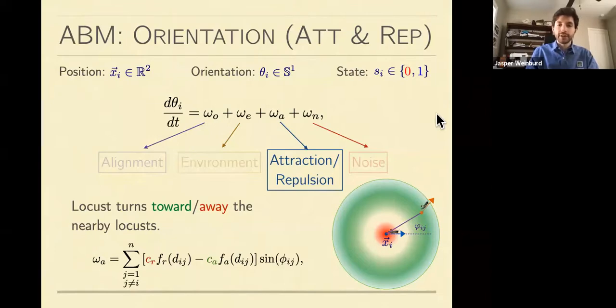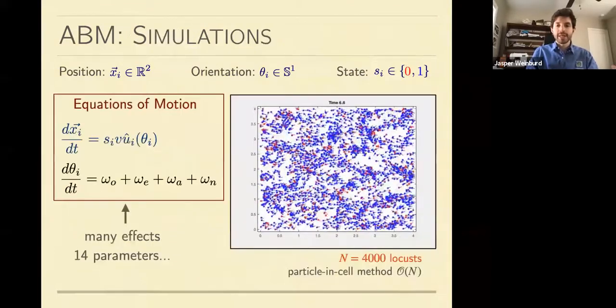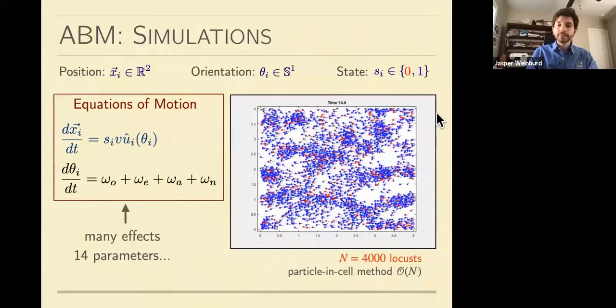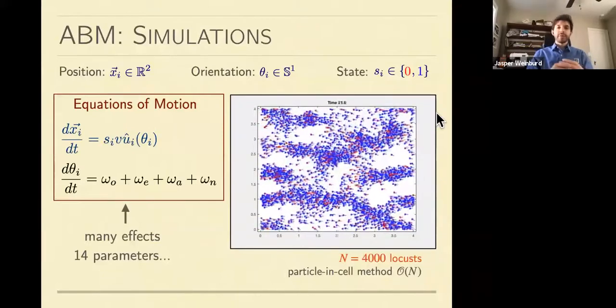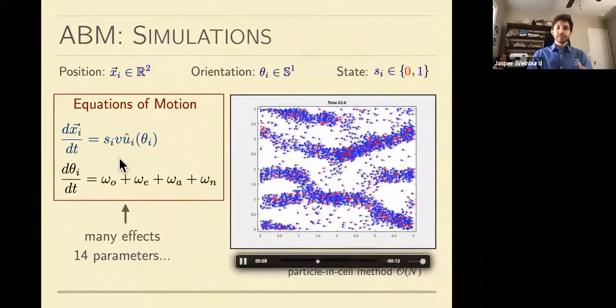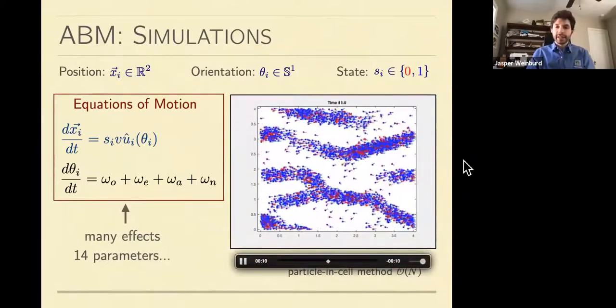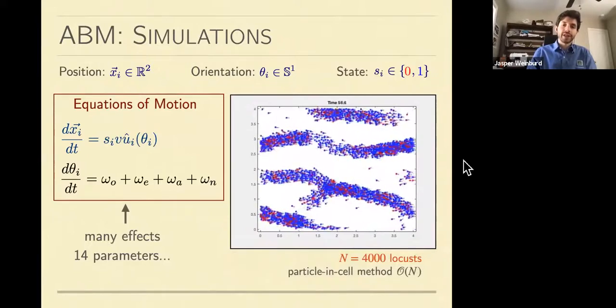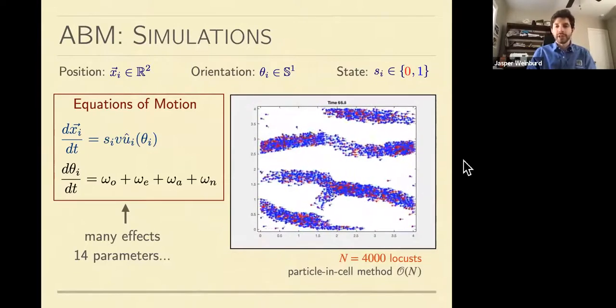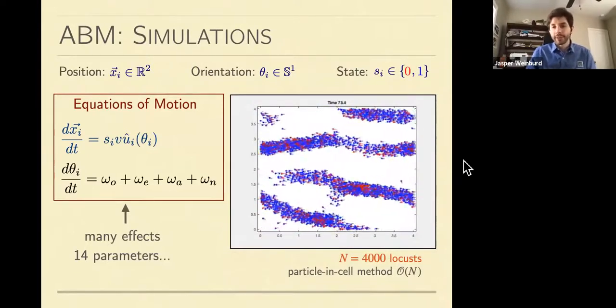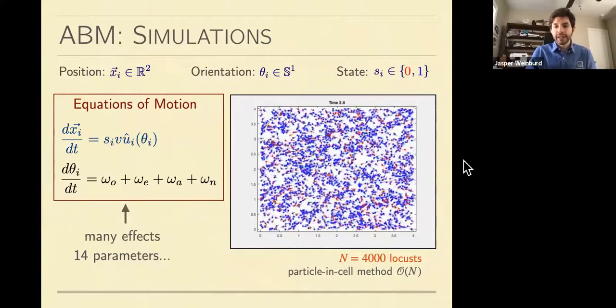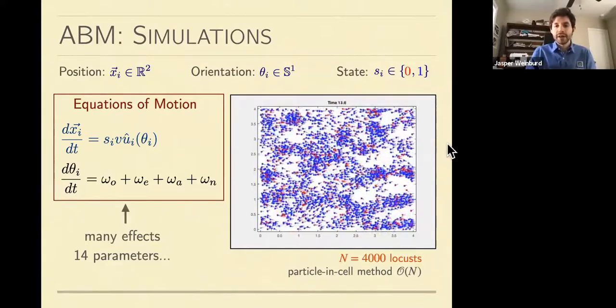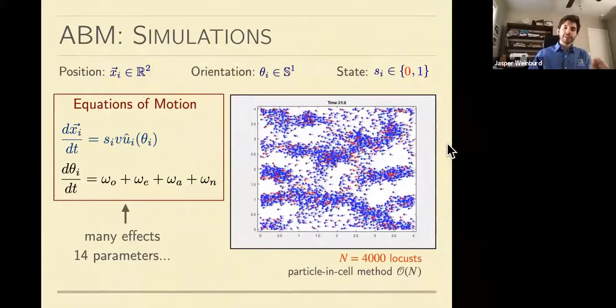So I haven't laid out all these functional forms and these many parameters, but basically we end up with this set of equations of motion, and we simulate this with a particle in cell method, which leverages parallel computing if you set it up to do so. And more importantly, you are not comparing every locust to every other locust.